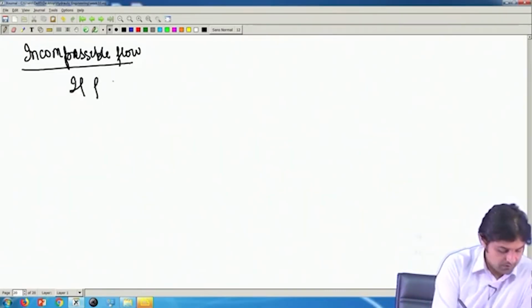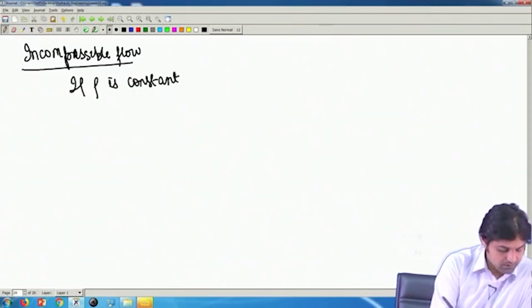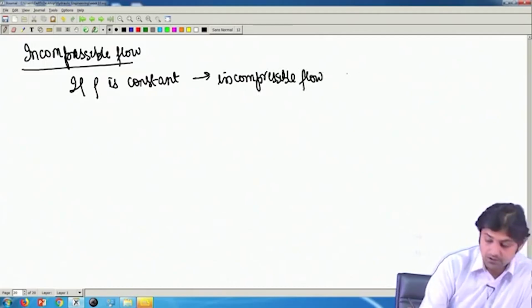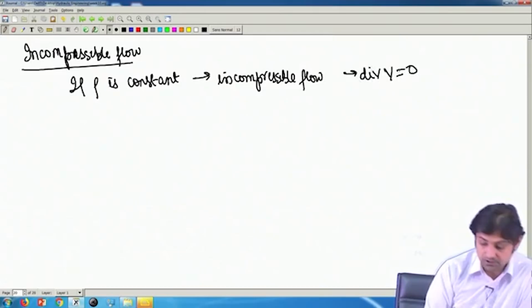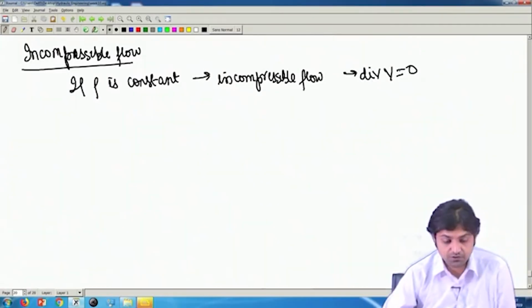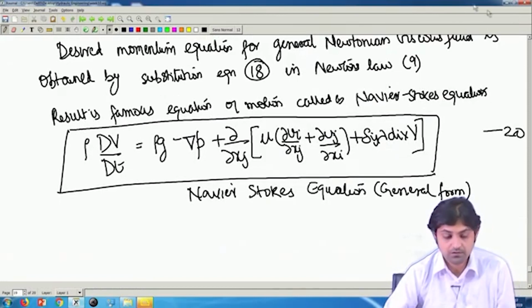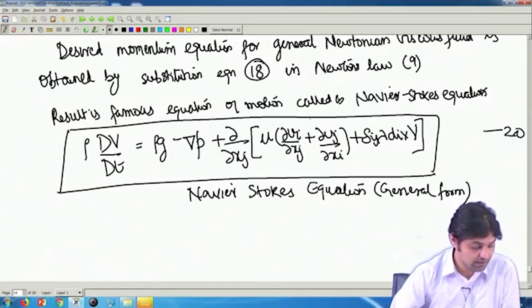If rho is constant, that means divergence of V is equal to 0. So if you look at the Navier-Stokes equation above, the last term, divergence of V, will be 0.